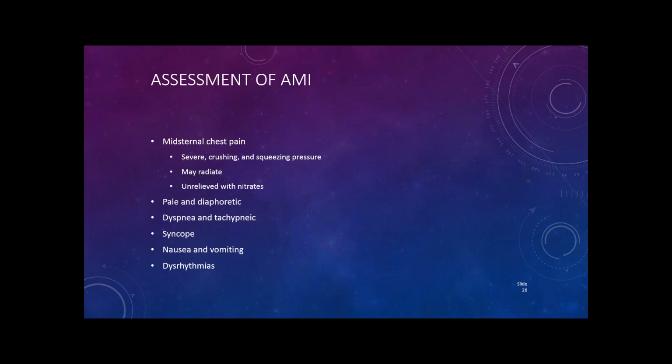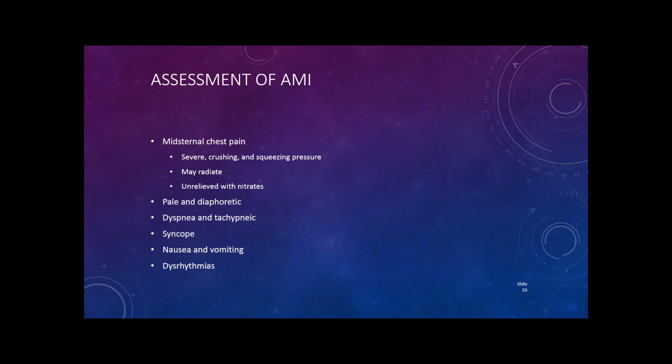It may radiate. Sometimes it's unrelieved with nitrates, making it unstable chest pain, okay? Patients usually present with pale and diaphoretic skin. They are short of breath and even tachypneic. Many times the blood pressure is low enough that when they stand up, they pass out. That's called a syncopal episode.